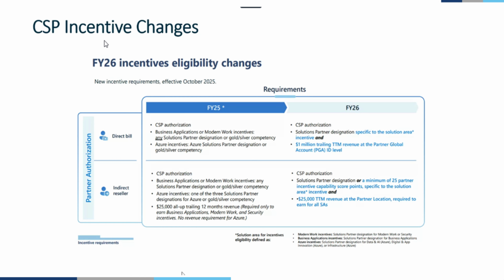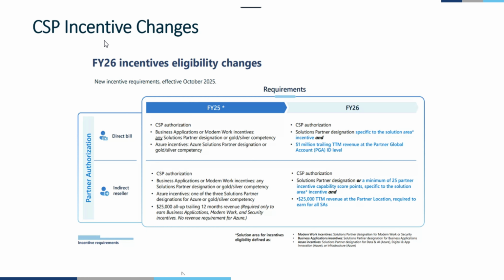Microsoft has actually ended up paying more in that regard, because they pay us as a distributor back-end incentives as well. We work with partners to make sure they're getting all their incentives and are able to submit their MCI claims and everything else. We support them in doing that, so you're not losing incentives by moving to the indirect model.